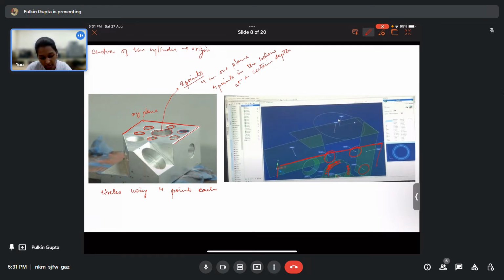Then this slant surface was measured, which is not visible here. Then this cone was measured similarly using 8 points. This particular surface was generated and this cylindrical hole was measured, and one plane behind this was also probed, which is this one, and this larger circle was measured on that particular surface.